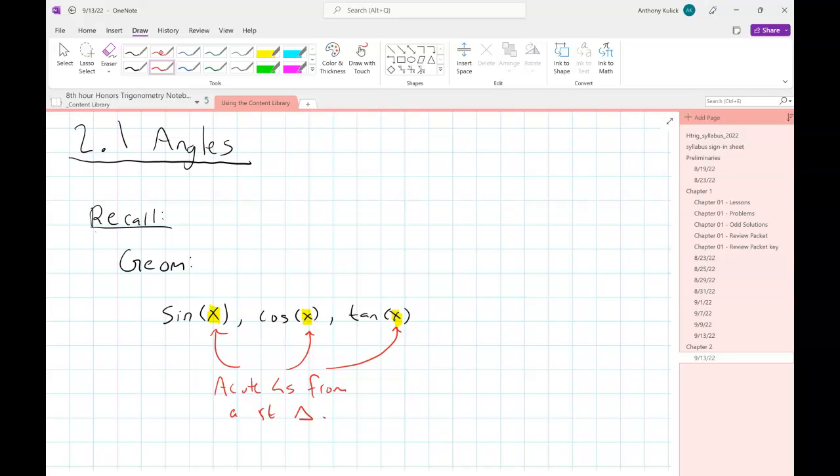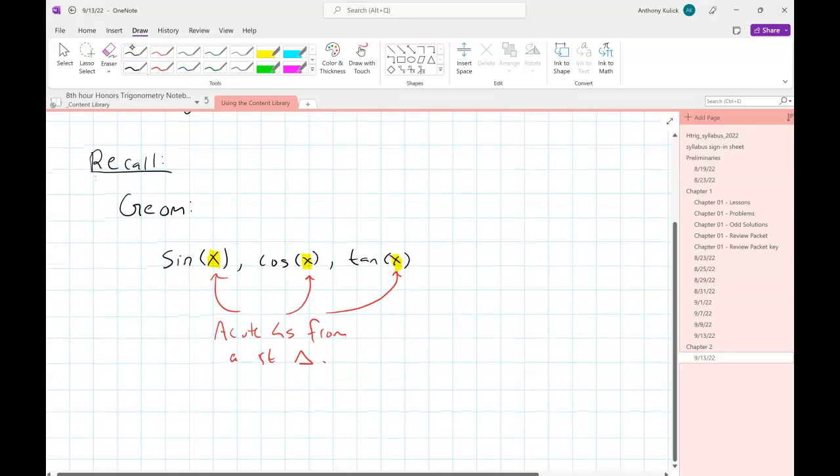That was our geometric definition for sine, cosine, and tangent, which is pretty narrow. What we're going to spend chapter 2 doing is extending that definition so that instead of being locked inside of a right triangle and restricted to angles between 0 and 90 degrees, we can take sine, cosine, and tangent of whatever we want. That's what we're going to be doing.